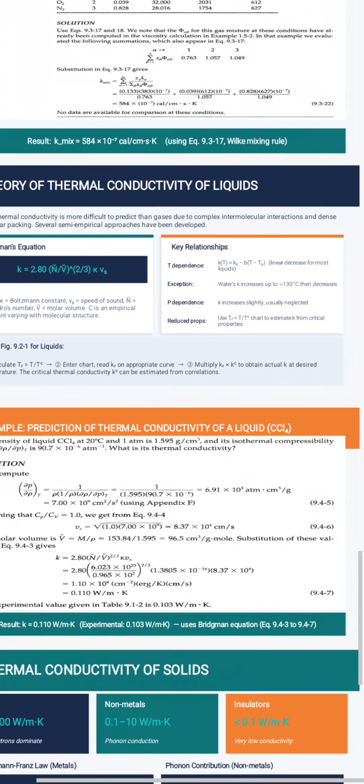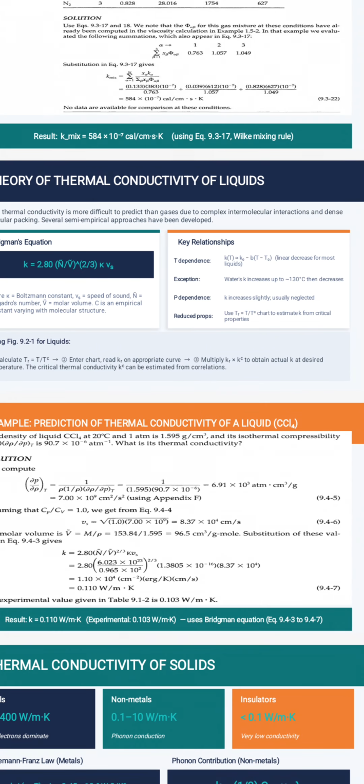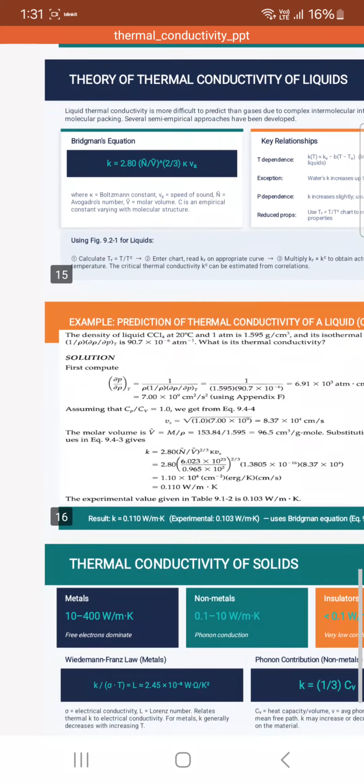Now the key relationship, temperature dependence: K(T) is approximately equal to K naught minus B times (T minus T naught), a linear decrease for most liquids. The exception is water, which increases up to roughly 130 degrees Celsius and then decreases. Pressure dependence: K slightly increases, which can usually be neglected. For reduced properties, use Tr equal to T by Tc and then use the chart to estimate K from critical properties.